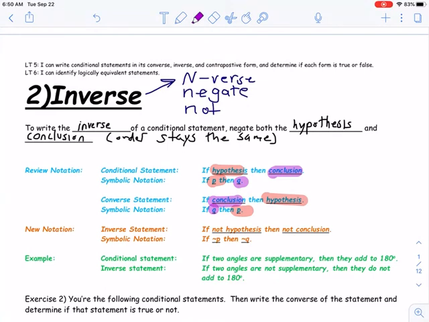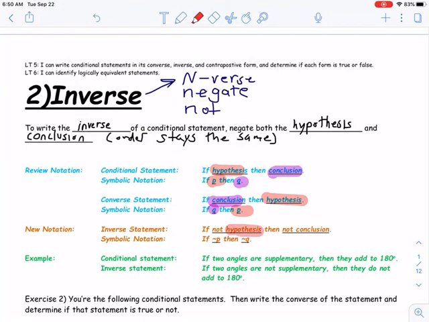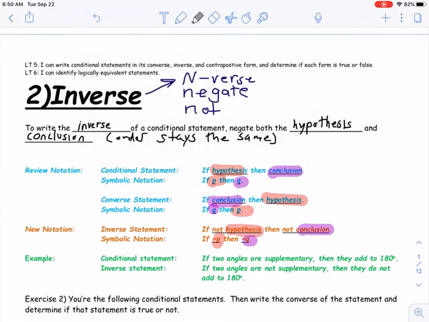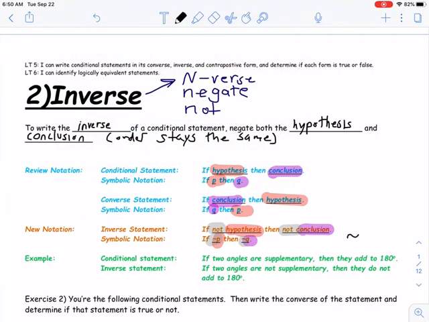Now, the new notation, notice how hypothesis stays in the front, conclusions in the back. However, we now have this not. We write not, oops, or we have the squiggly line. Alright. So this squiggly line, or you might see this, those mean not. Those are just notation for not.